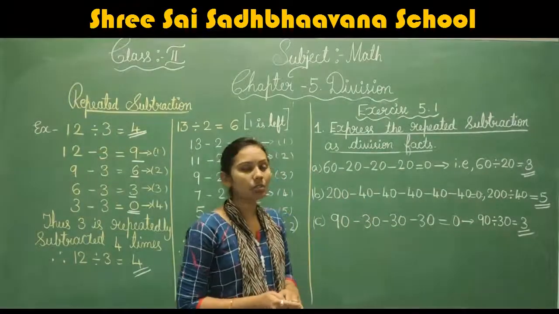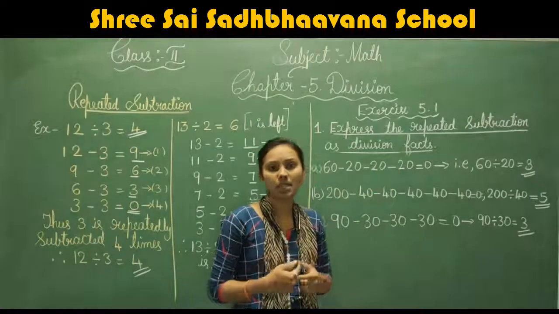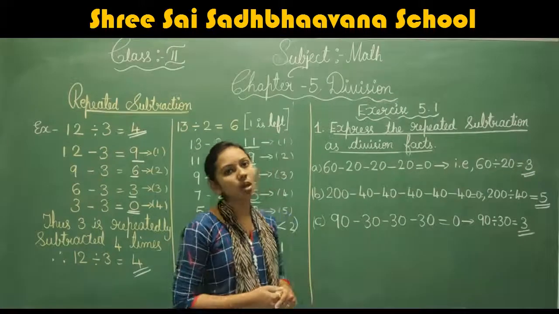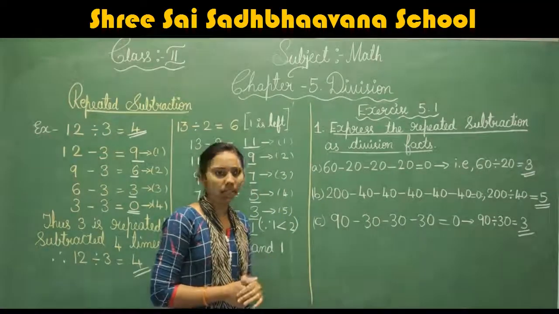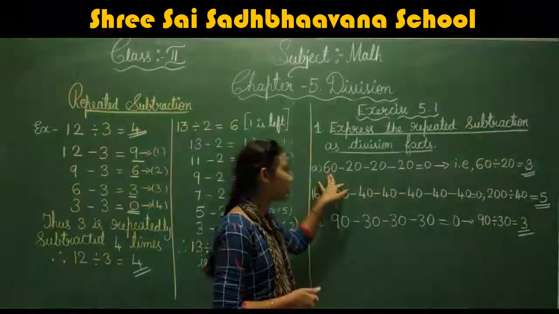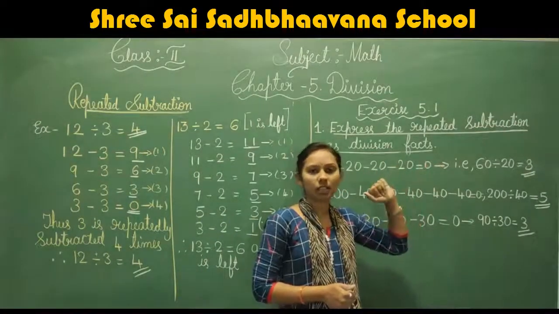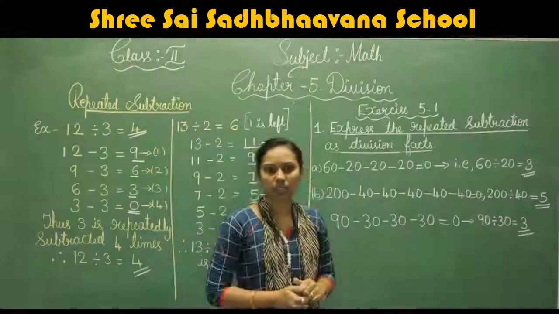We have to find out how many times it has been repeatedly subtracted. That will be your quotient. That is the division fact.